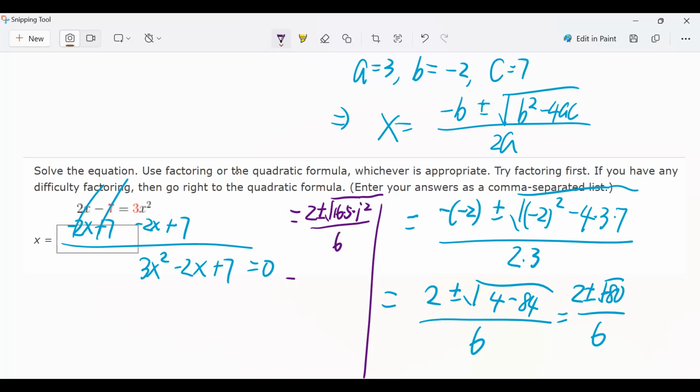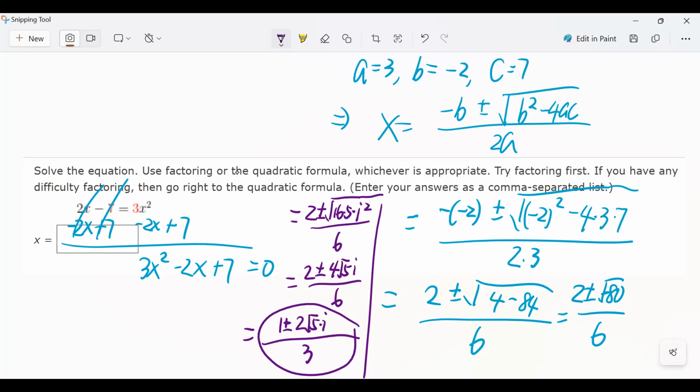So that's simplified a little bit: 2 plus or minus 4 radical 5 i over 6. When you reduce everything by 2, you get 1 plus or minus 2 radical 5 i over 3. So we get a couple of complex solutions. Any questions?